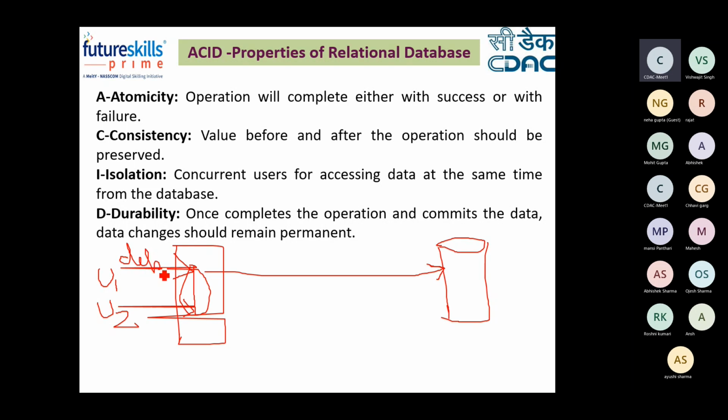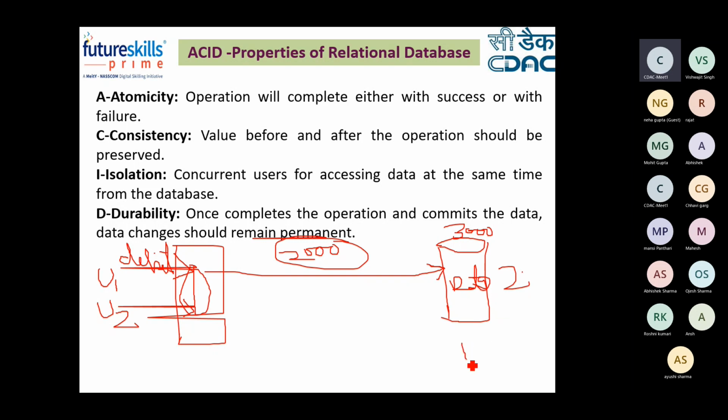Suppose user 1 wants 2000 rupees from their account. This is possible only if there is sufficient money in the account. The bank will check from its database. Suppose the total amount available in the account is 3000. After deduction of 2000, how much balance will remain?